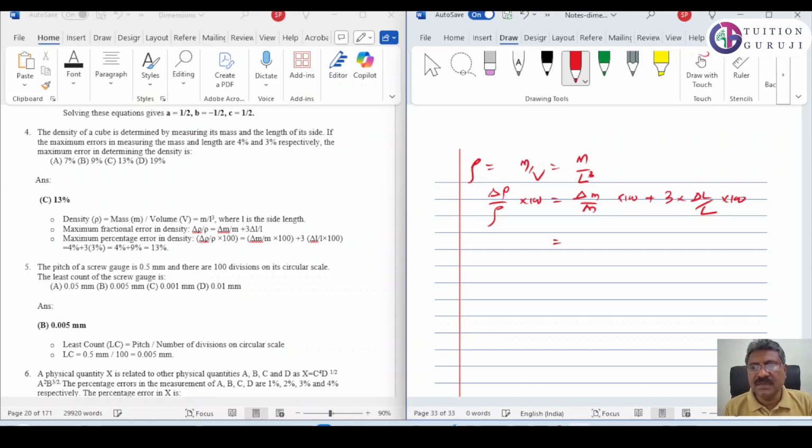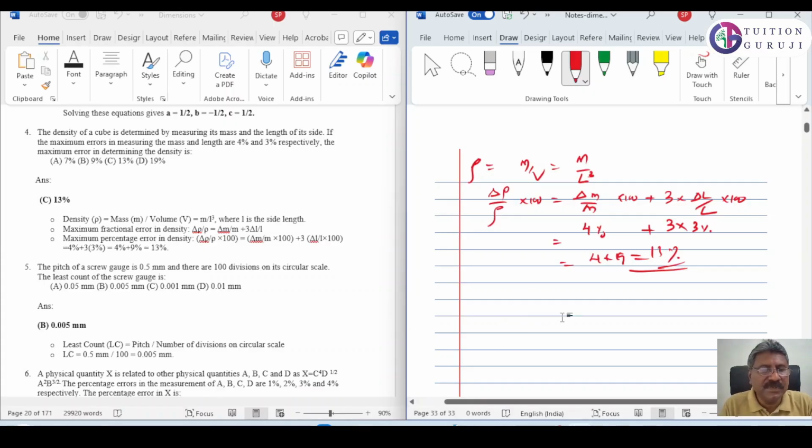So it is given delta m by m as 4%, and that of length is given as 3%. So it is 4 plus 9, which gives 13%. So the answer is 13%.